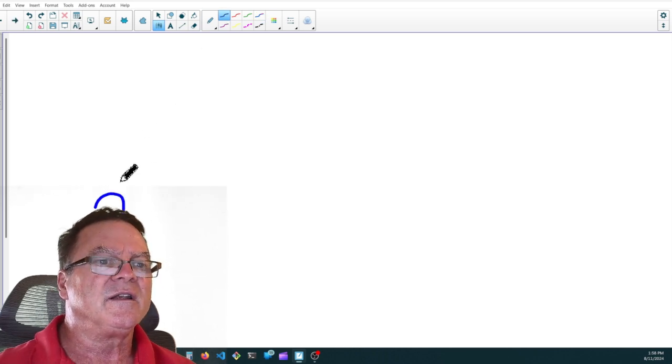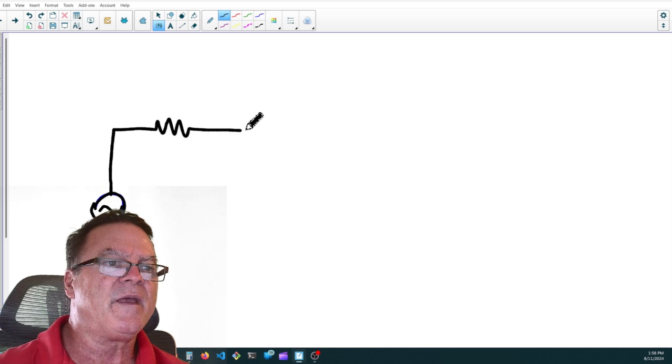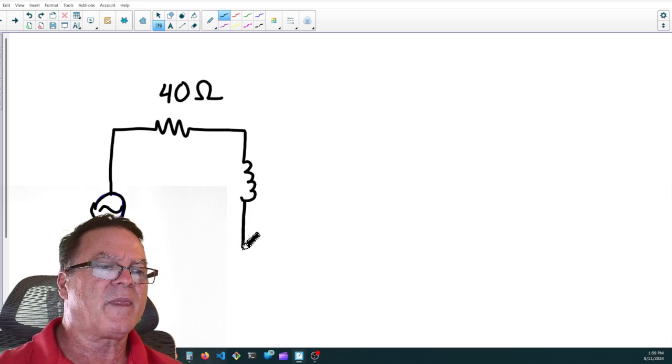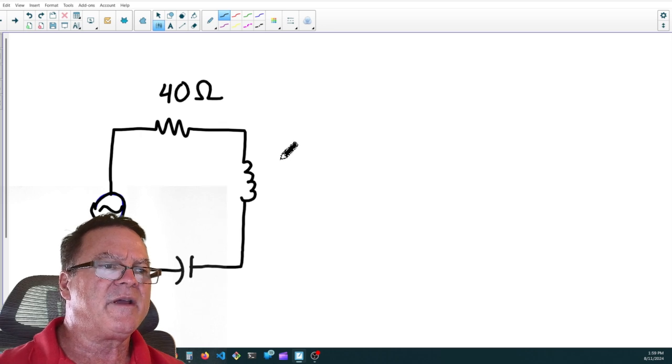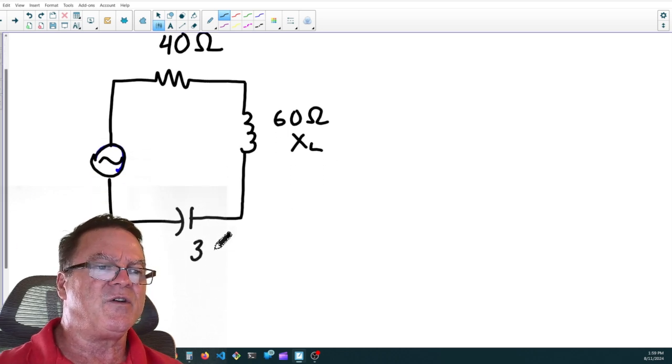If I go like that, and I come up to a resistor, I want this resistor to be 40 ohms of resistance, and then I'm going to go through this inductor and through this capacitor. Now I'm going to make this 60 ohms of inductive reactance, and I'm going to make this one 30 ohms of capacitive reactance.